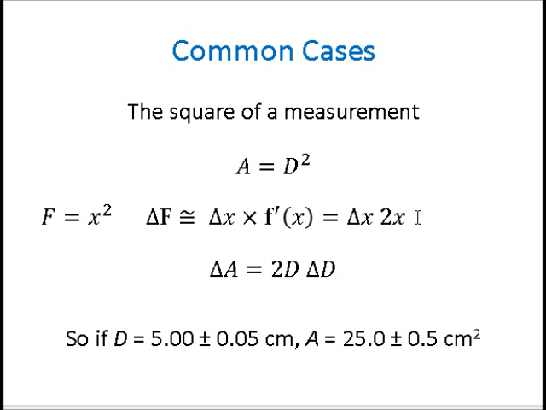So using the symbols up here, delta A is 2d times delta d. So if d is 5.00 plus or minus 0.05 centimeters, A is equal to 25.0 plus or minus 0.5 square centimeters. I get the 0.5 from 2d: 2 times 5 is 10, times 0.05, that'll be 0.5.